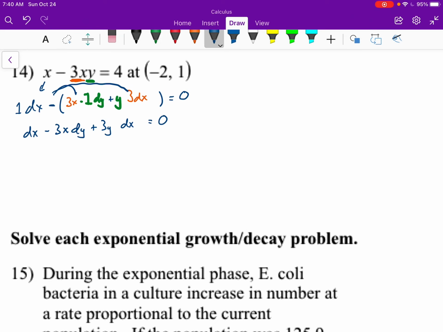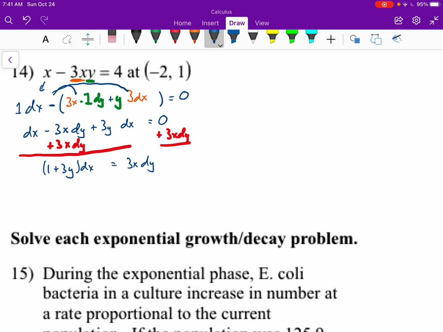Let's go ahead and add 3x dy to both sides, that's the only dy that we have. So we're going to get that to the right side in this case. And over on the left, we can factor out a dx, so we have a 1 plus 3y all times dx equals 3x dy.